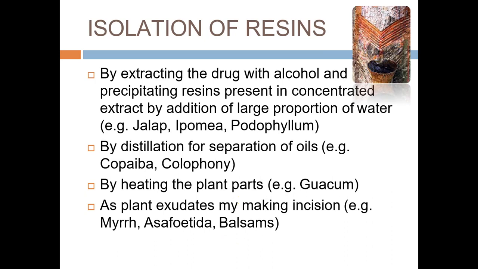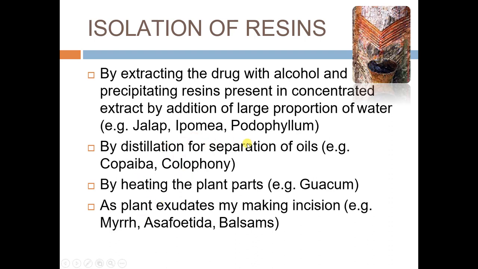Now the question is how the resins can be isolated. This is a very simple technique. By extracting the drug with alcohol and precipitating the resins present in the concentrated extract by the addition of a large proportion of water. For example, jalap, ipomoea, and podophyllum.